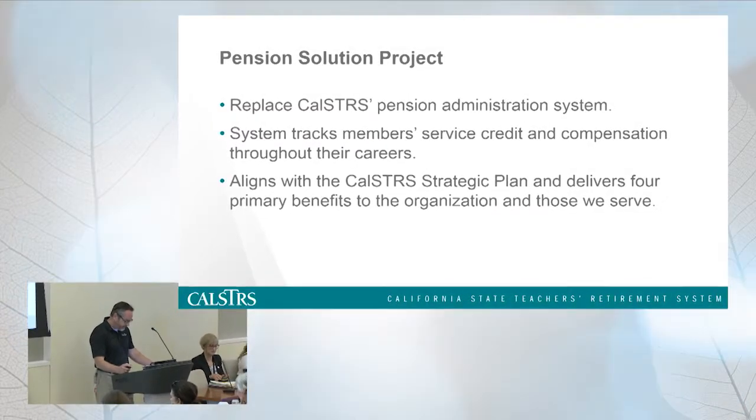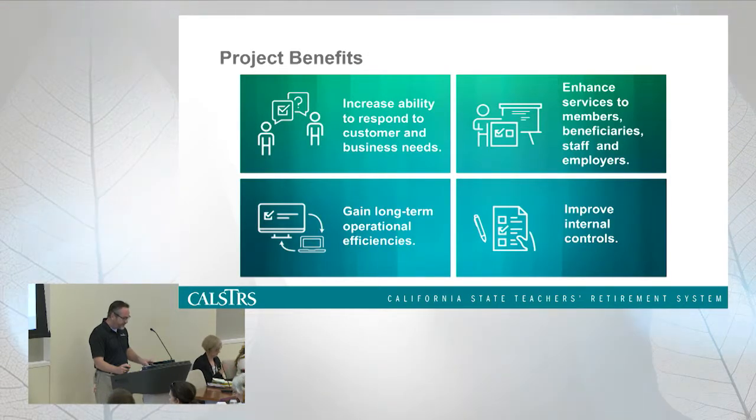It aligns with the CalSTRS strategic plan and delivers 4 primary benefits to the organization and those they serve. Those benefits are an increased ability to respond to customer and business needs, enhanced services to members, beneficiaries, staff, and employers, long-term operational efficiencies, and improved internal controls.